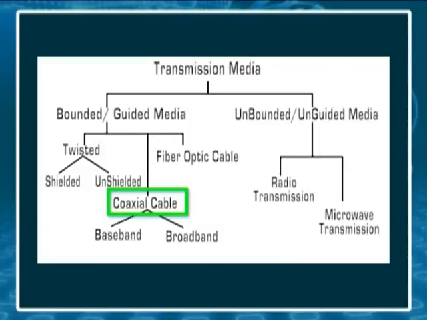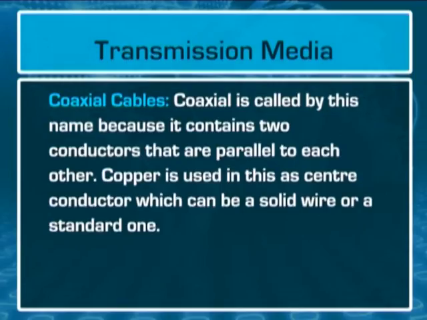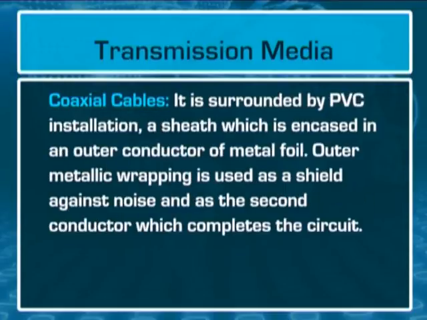Next is coaxial cables. Coaxial is called by this name because it contains 2 conductors that are parallel to each other. Copper is used in this as center conductor, which can be a solid wire or a standard one. It is surrounded by PVC insulation, a sheath which is encased in an outer conductor of metal foil.